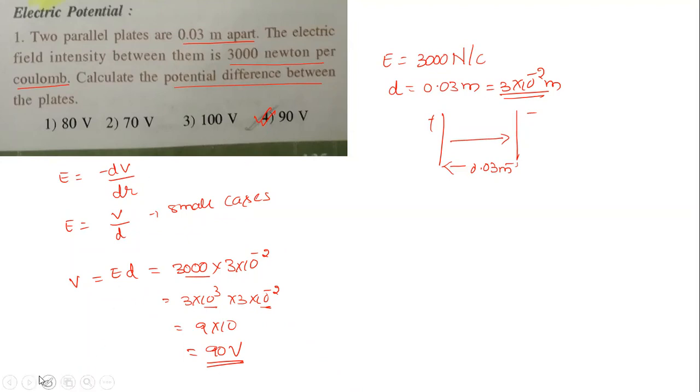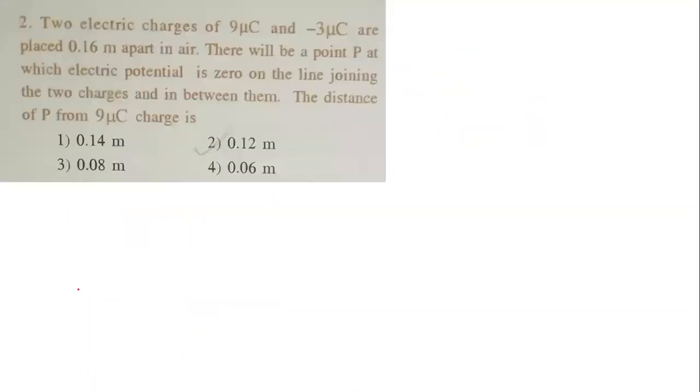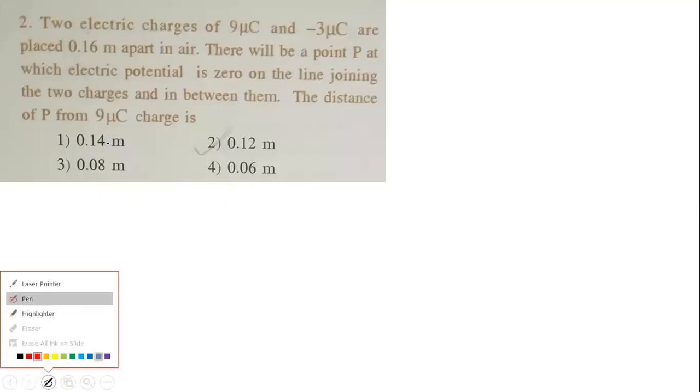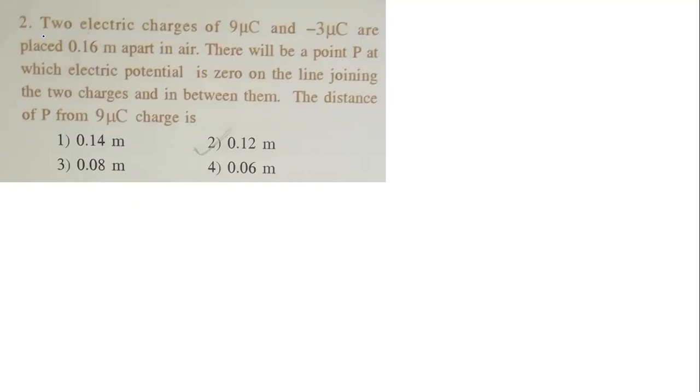Okay, let us go for the next question. Question number 2. The question is saying: two electric charges, 9 microcoulomb and minus 3 microcoulomb, are placed 0.16 meter apart.